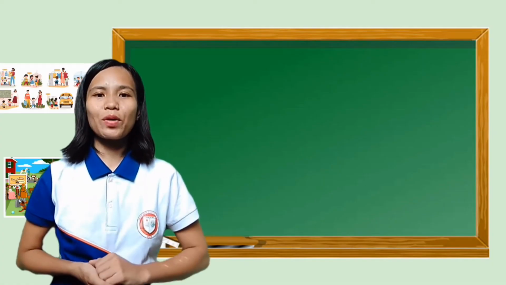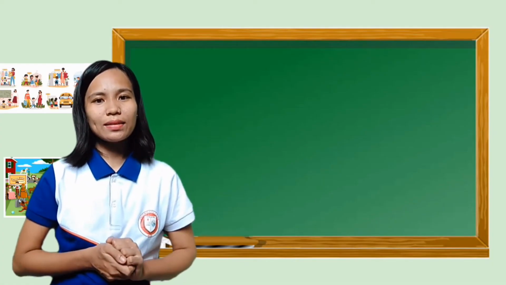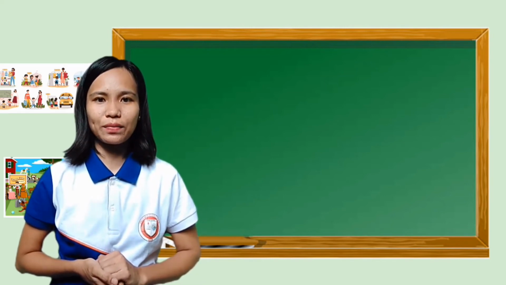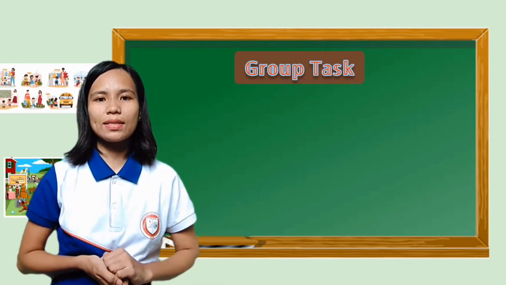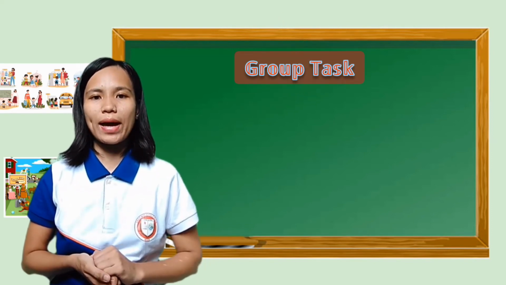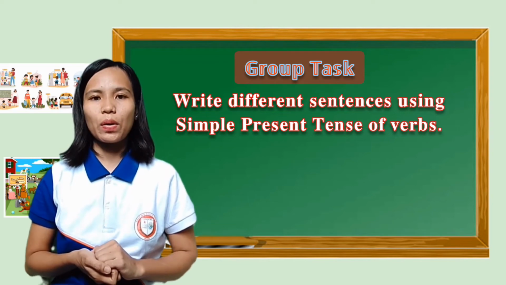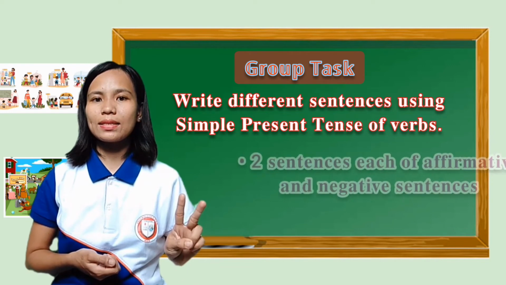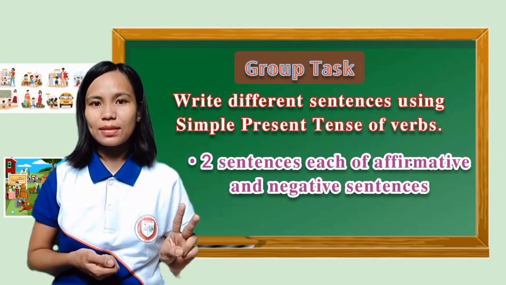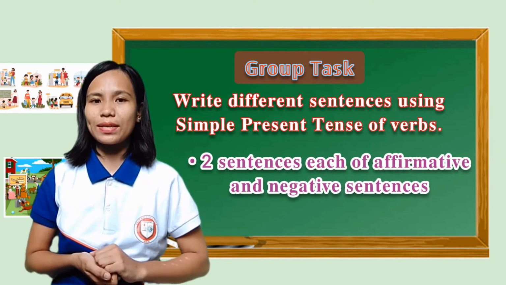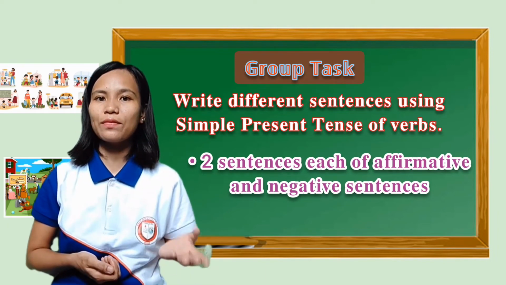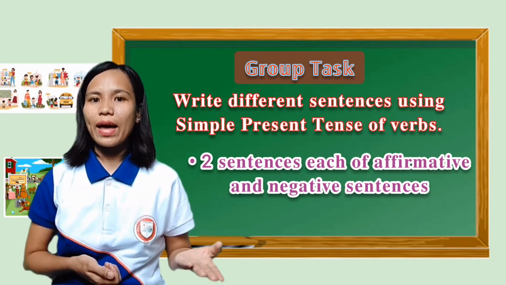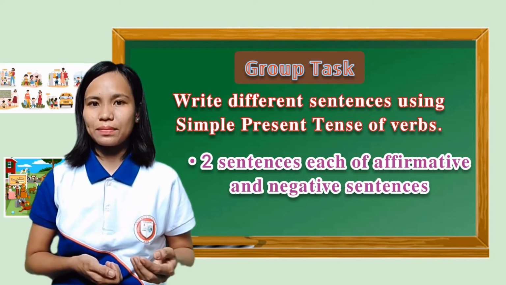Now, class, I am going to group you again, your previous group. Okay, let's have an activity. Your group task is that each group must write different sentences. So, you're going to write 2 sentences in affirmative using simple present tense and also 2 negative sentences.